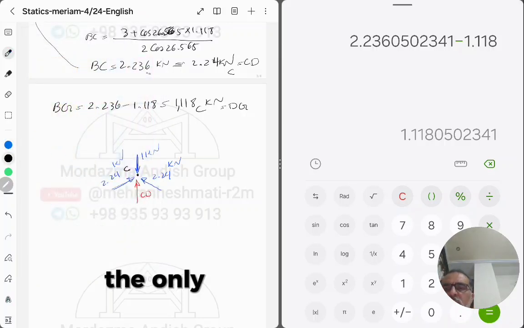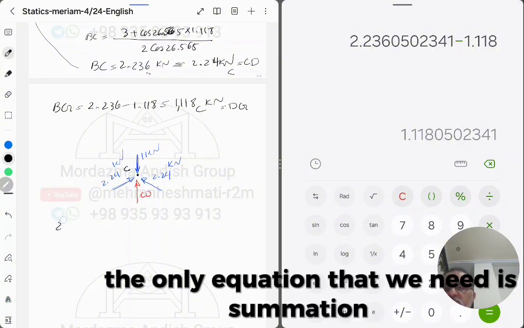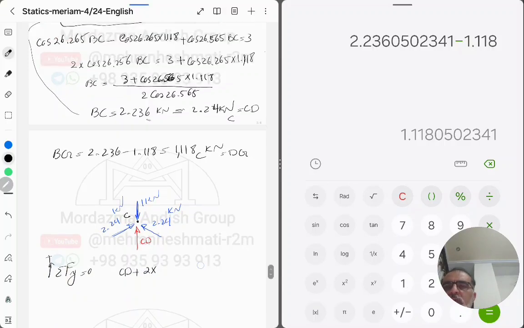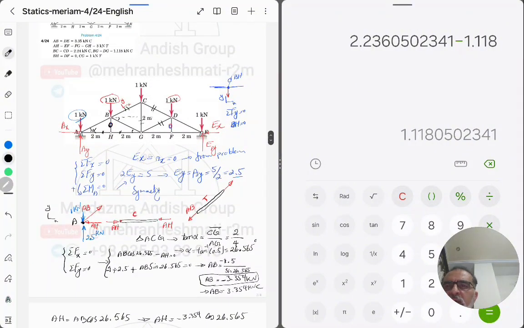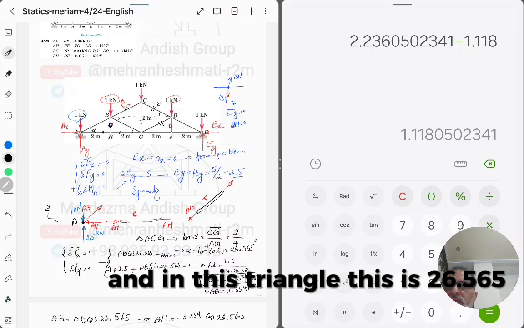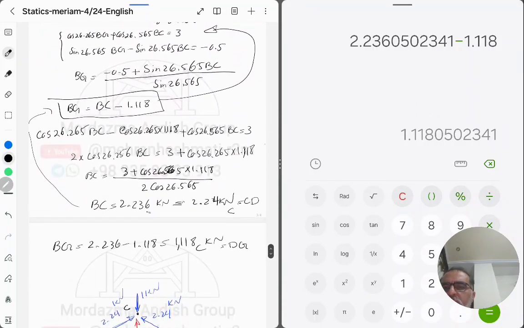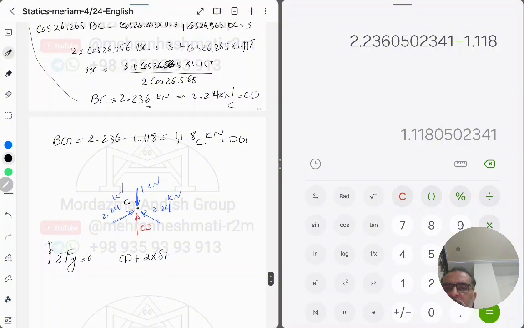Okay, the only equation that we need is summation of f of y is equal to 0: CD plus 2 divided by, and in this triangle this is 26.565, so we can say sine of 26.565, because this is 26 point, and minus 1 is equal to 0.